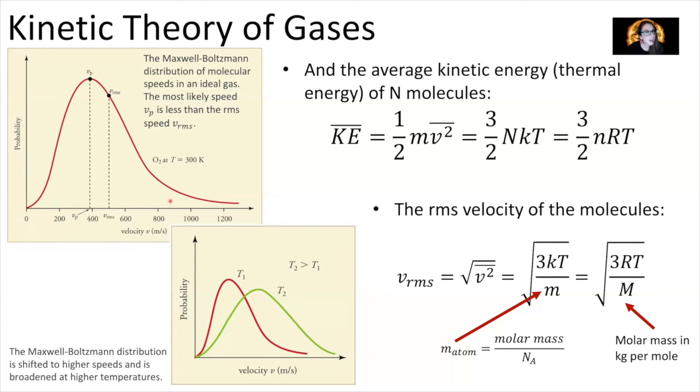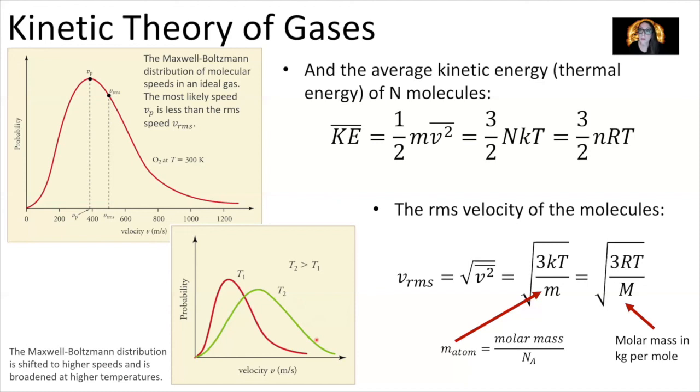So if you take the average of all of these speeds, the average is going to be further along on this side. It'll be a larger value for our average because we've got this longer tail. So there's a lot of particles over here that are going to take on a speed that's greater than our RMS speed, or greater than our most probable speed here.